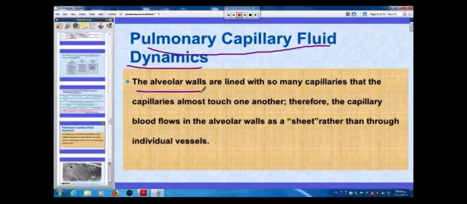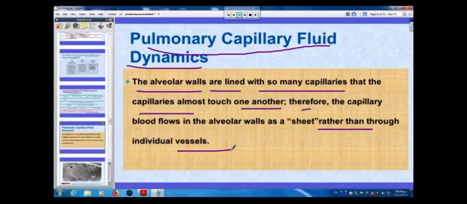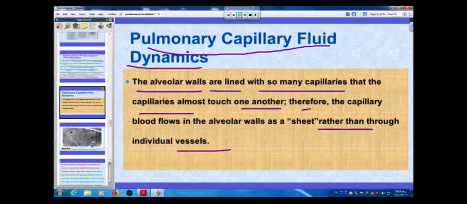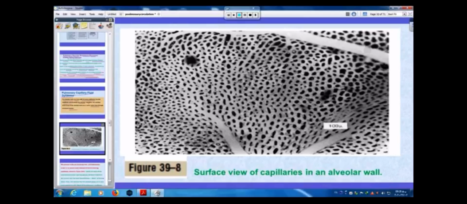The alveolar walls are lined with so many capillaries that the capillaries almost touch one another. You can see in the figure later, okay? Therefore, the capillary blood flows in the alveolar walls as a sheet rather than through individual vessels. You can see in this figure the surface view of the capillaries in an alveolar wall, okay?